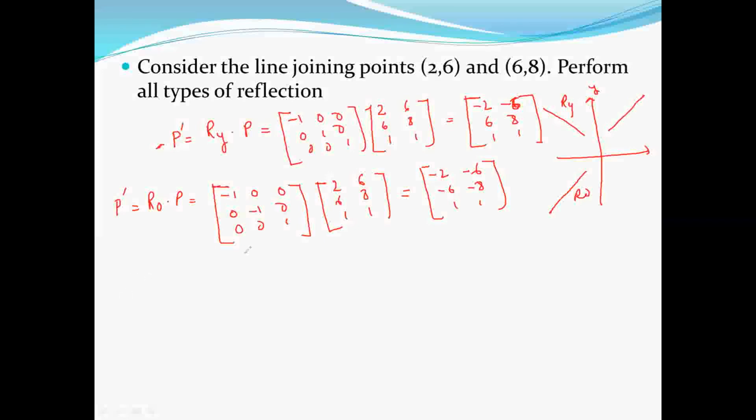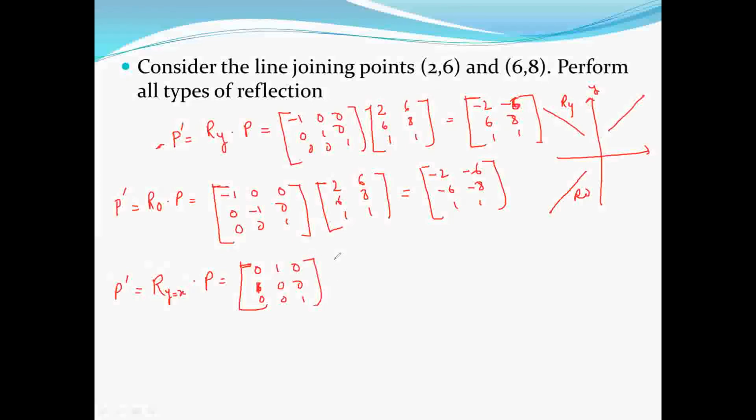Now, the last one, we want to reflect with respect to the line y equals x. So the reflection is R y x dot P. Okay. And what is the matrix for R y x? X is replaced by y and y will be replaced by x. So it will be 0, 1, 0, and 1, 0, 0, and 0, 0, 1.